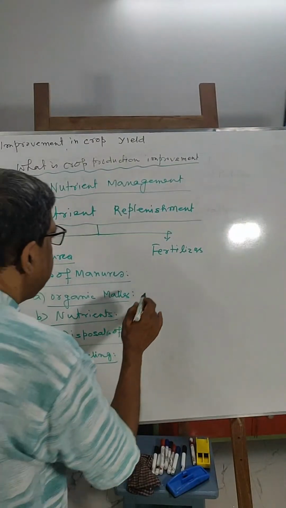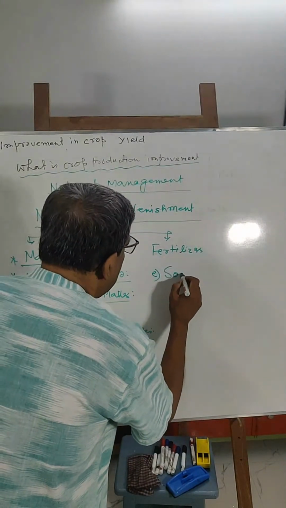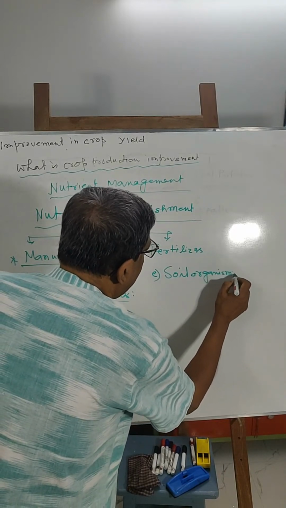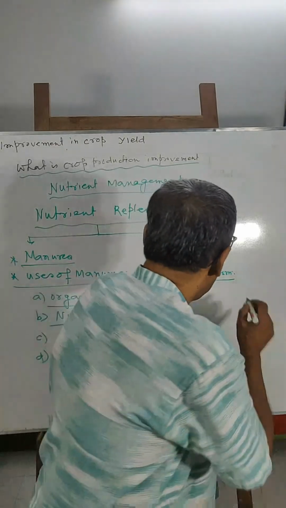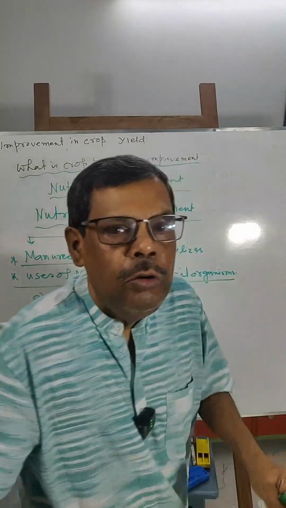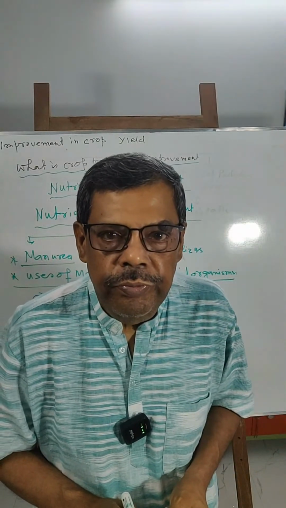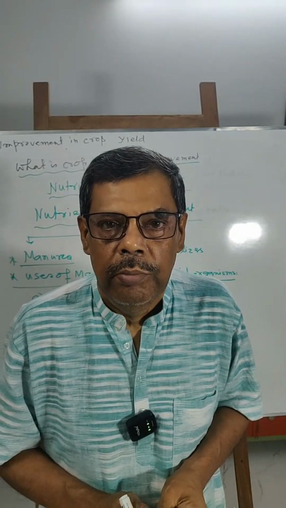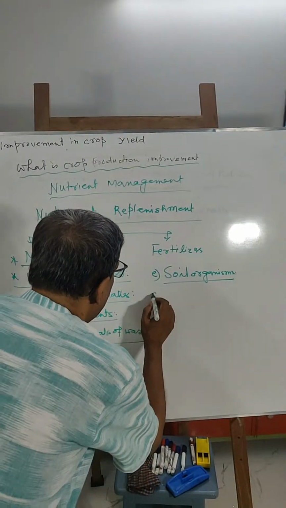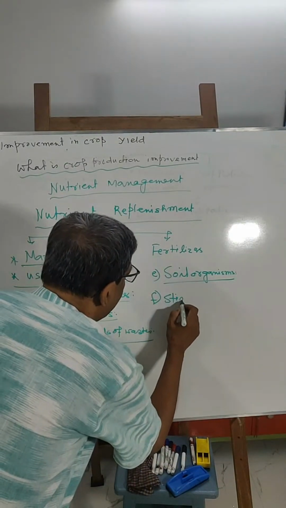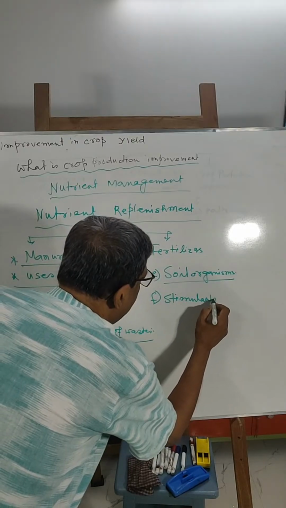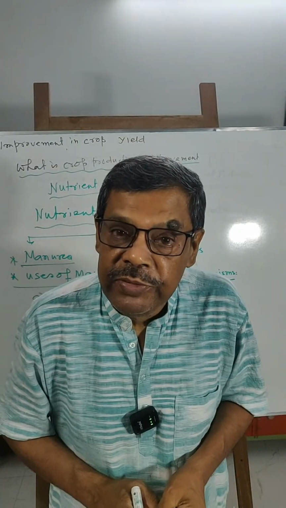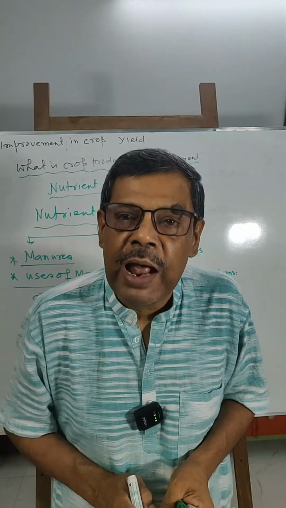Next, E, soil organisms. Manures provide nutrients to soil organisms, that is, earthworms. Next, F, stimulants. Manures have several biochemical substances which stimulate the growth of plants.